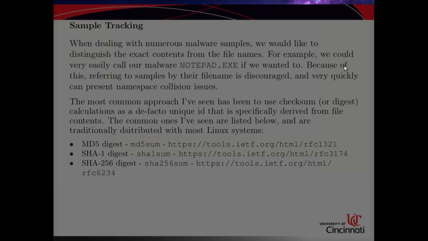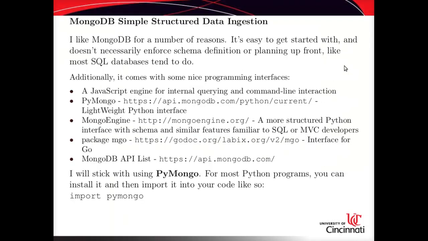Go on to the next slide. So as I said, MongoDB is one that I like a lot. It doesn't enforce schema definition and planning up front, so I can just jump into storing my information in there. Later on, if I need to add a little more rigor around it, I can do that after the fact rather than thinking it through ahead of time.